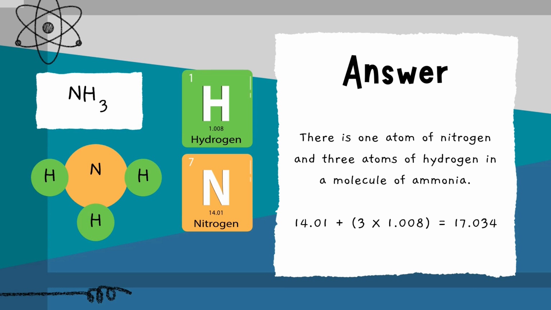I have given the explanation there that there is 1 atom of nitrogen and 3 atoms of hydrogen. 1 atom of nitrogen has the weight 14.01. For 3 atoms of hydrogen, each hydrogen atom has a weight of 1.008, and this is how your answer came to be.